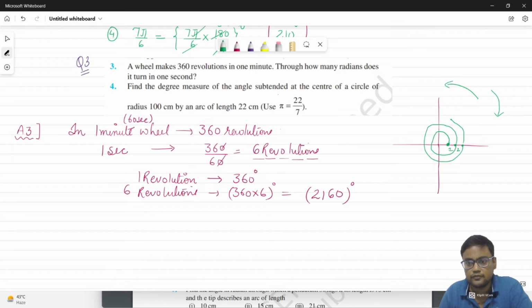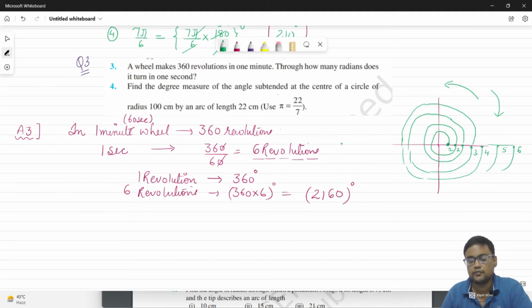So this would be, I believe, the third revolution, right? This is the third revolution. This is the fourth one, like this. Fourth will come, then here 5 will come, then after rotating, 6 will come. So in these 6 rotations, how many degrees are there, children?